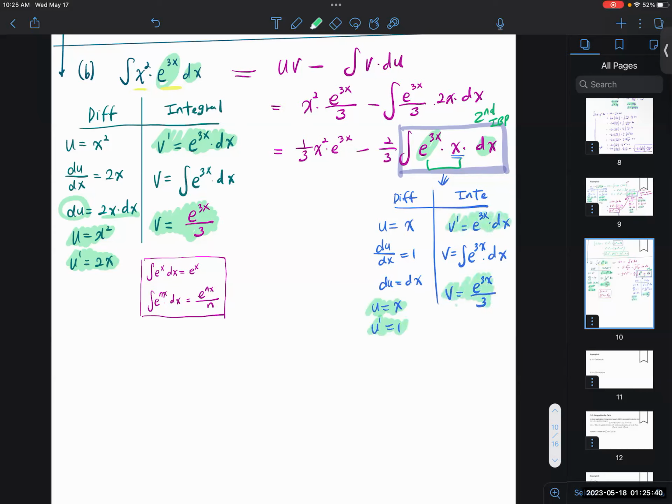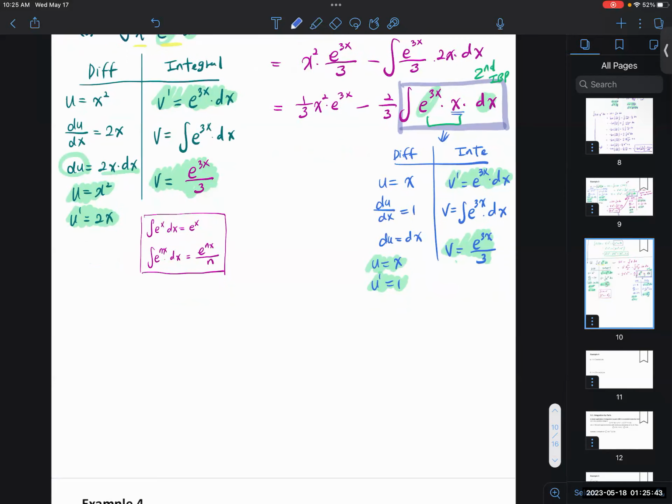v prime. So we're going to take a look at the second IBP: uv minus the integral of v du. u was x, times v, e to the 3x over 3, minus the integral of v, e to the 3x over 3, and du was dx.